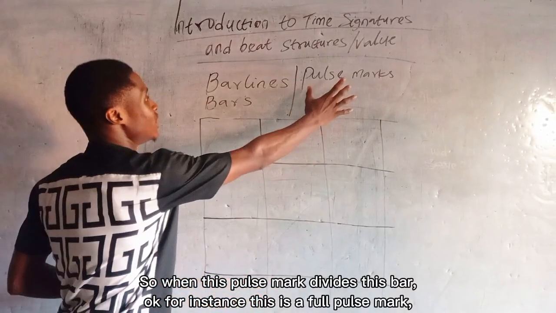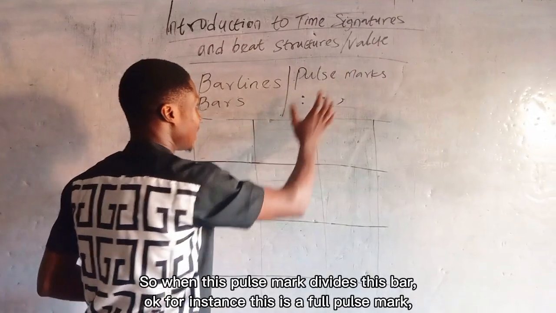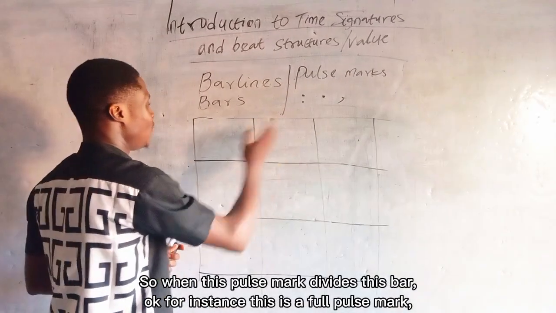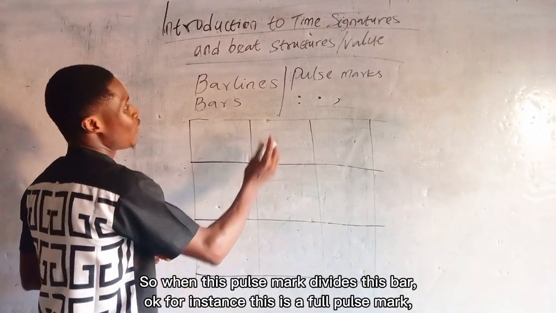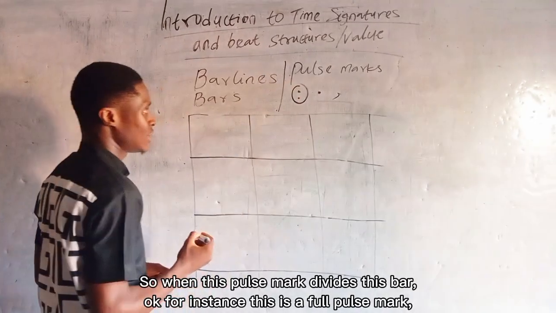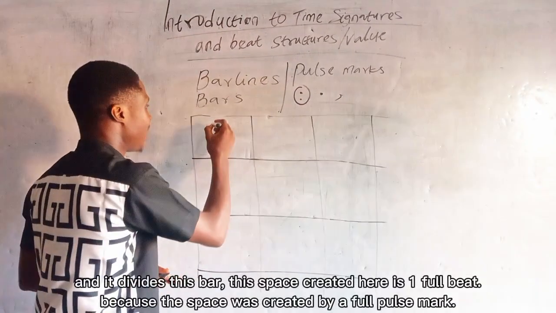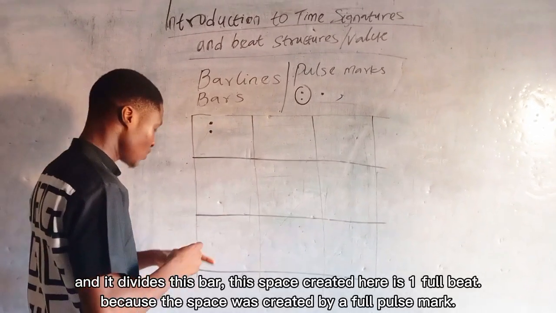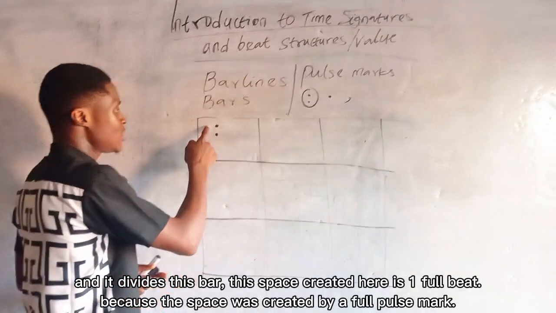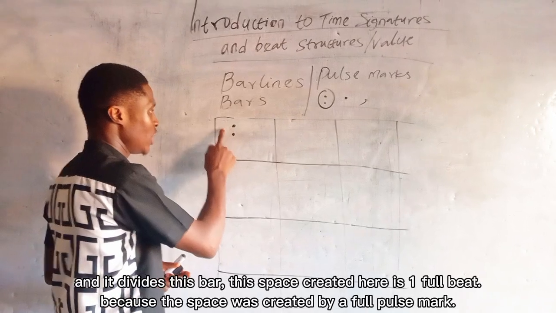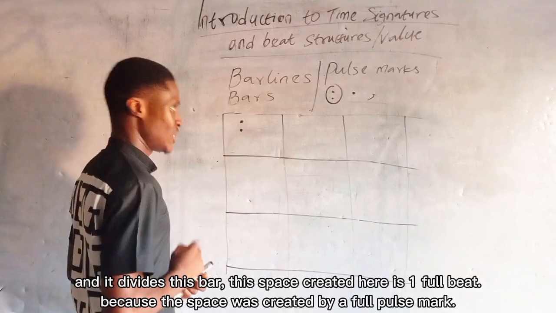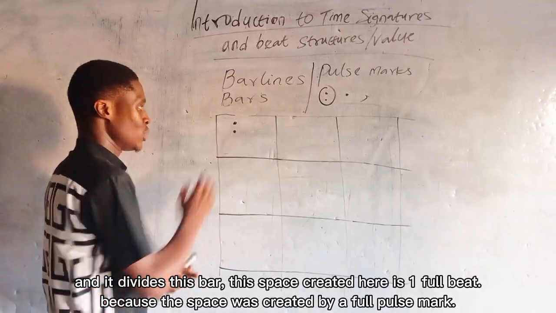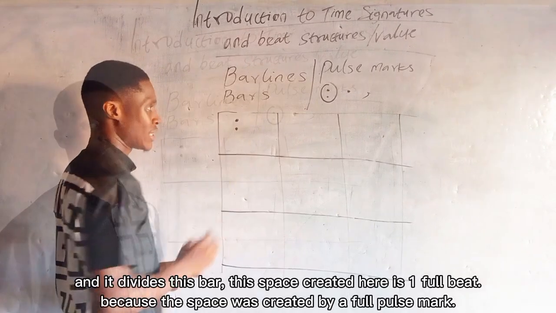So, when this pause mark divides this bar, for instance, this is a full pause mark, and it divides this bar. This space created here is one full bit because the space was created by a full pause mark.